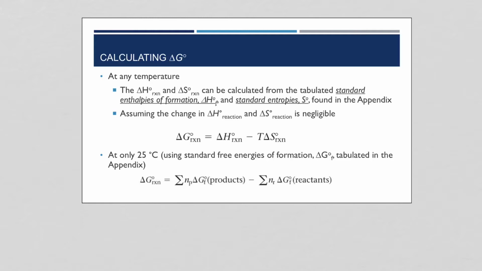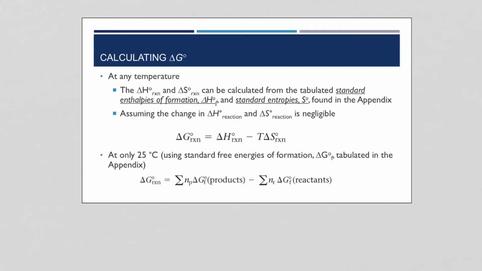Now, this is the most general way to calculate it, right? We can do this at any temperature. We just plug in the temperature of interest here, using, of course, Kelvin temperature to do our calculation.